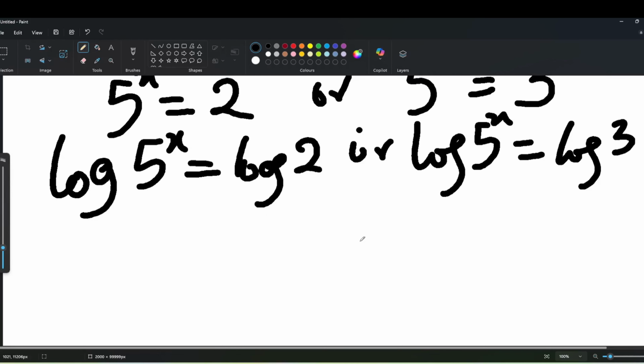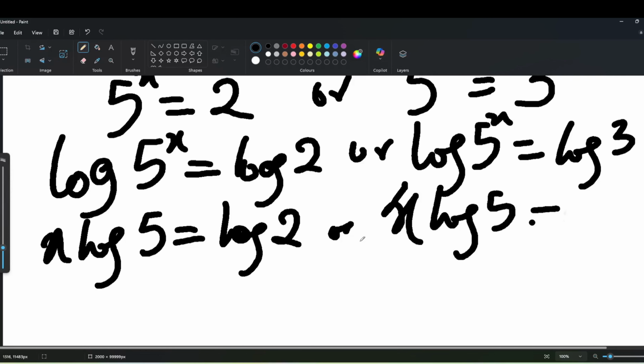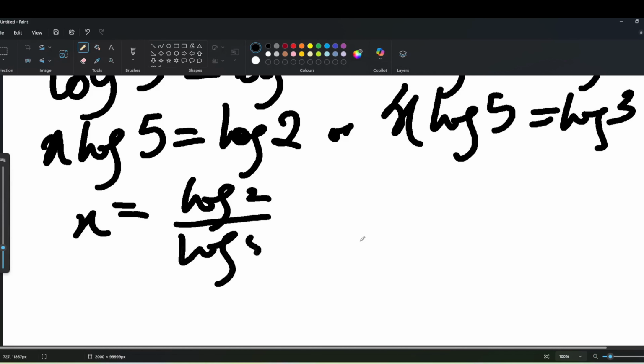Okay, so from here it becomes x log 5 equals log 2, and here x log 5 equals log 3, and from here we divide both sides by log 5, and x becomes log 2 all over log 5.